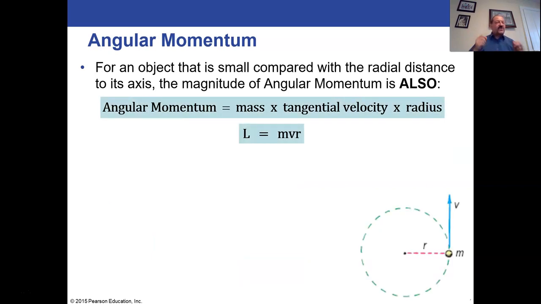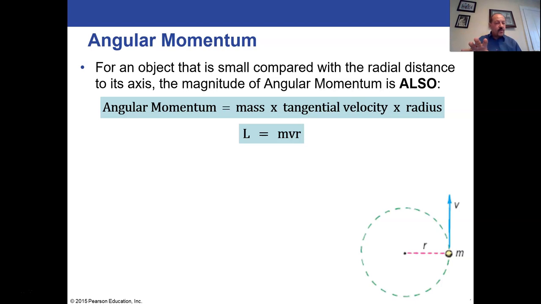Now, it turns out that there's a second formula for angular momentum. Instead of I times omega, we can shuffle around the terms that make up the I and the omega, and we find that it's also equal to mass times the tangential velocity, not the angular. This is the v, the linear velocity, times the radius. So if you multiply these three, you can also get angular momentum.